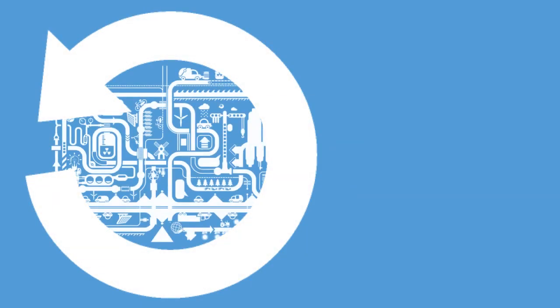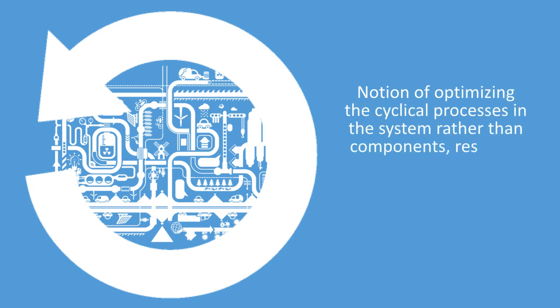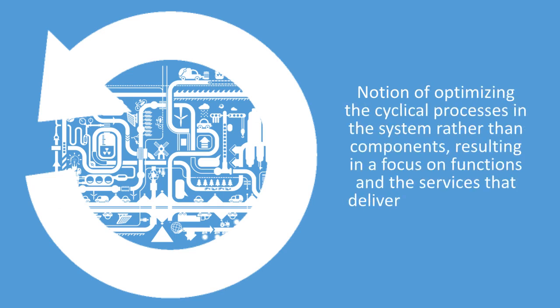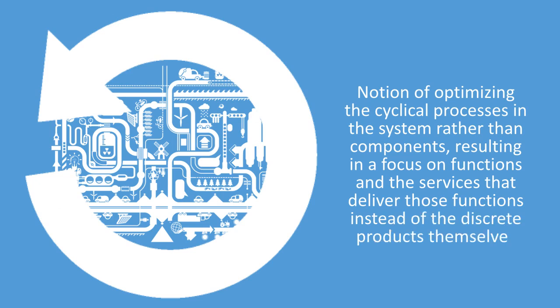On the macro level, this takes the form of the circular economy. The circular economy is grounded in the study of feedback loops and nonlinear systems. A major outcome of this is the notion of optimizing the cyclical processes in the system rather than components, resulting in a focus on function and the services that deliver those functions instead of the discrete products themselves.